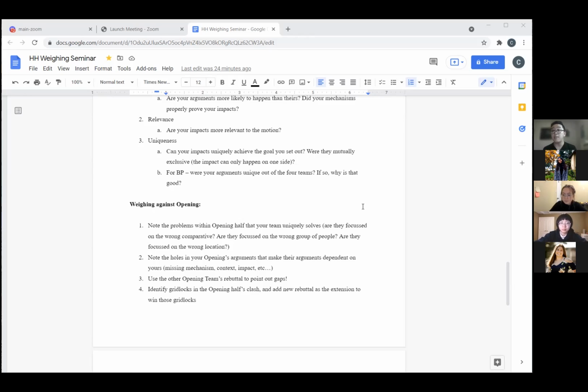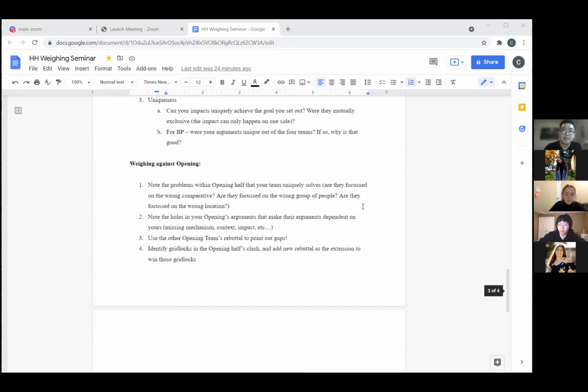Number one, by providing an extension that breaks those deadlocks, or number two, even more sneakily, if you have an extension that's about an entirely different clash anyways, give just 2 or 3 responses that might break this deadlock. So you're proving that you're not just winning on your extension's theme, but you're also winning on the theme that opening half is already stuck in a deadlock in and have dedicated a lot of time for as well. That's the end of my seminar.